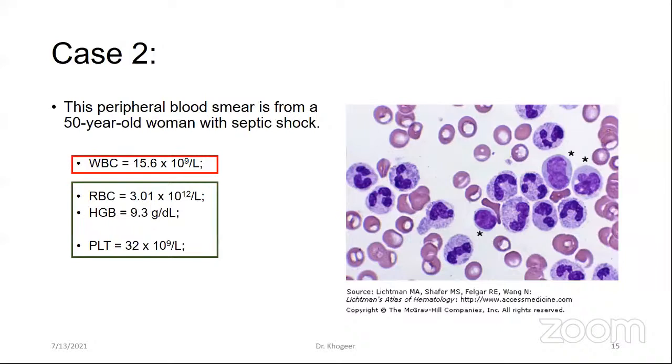Before going into detail, I just want you to recognize the abnormal findings just by looking at the CBC and peripheral blood morphology. Based on the CBC result and peripheral blood smear, the patient has abnormal counts, as we said: high white blood cell count and low hemoglobin and platelets, along with some morphological changes in the neutrophils.